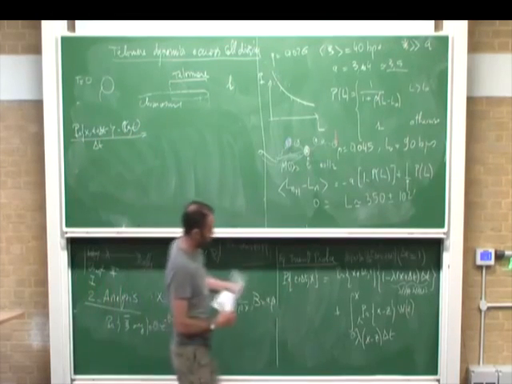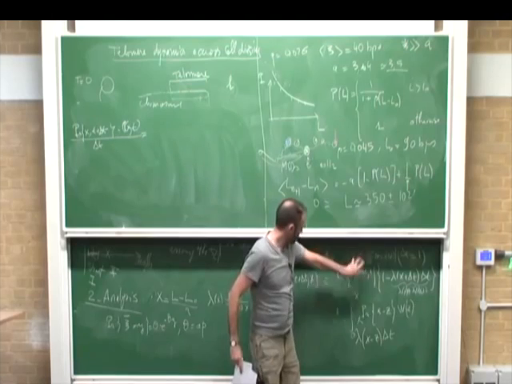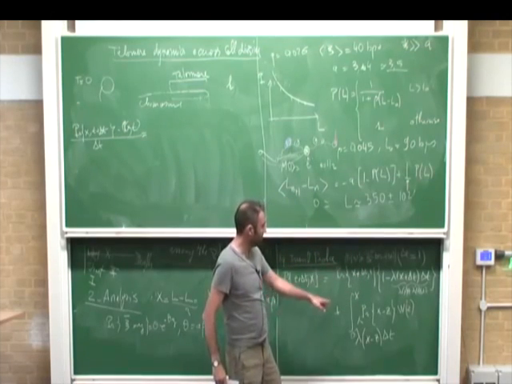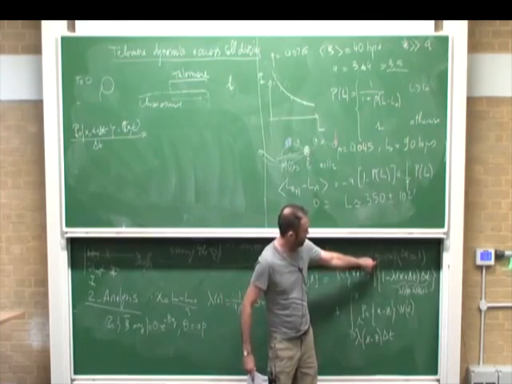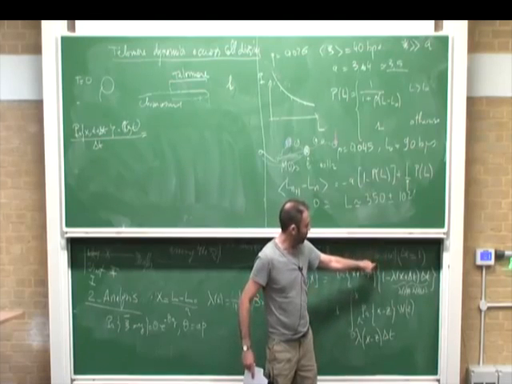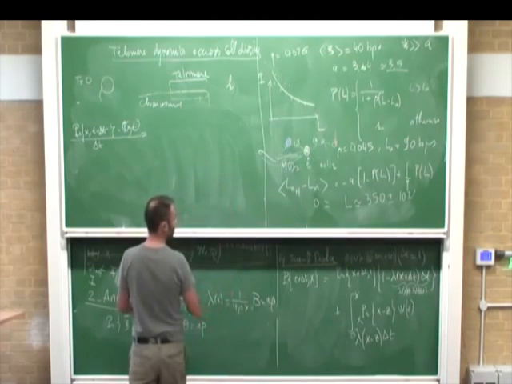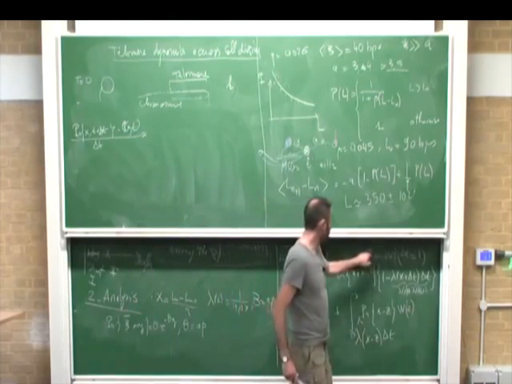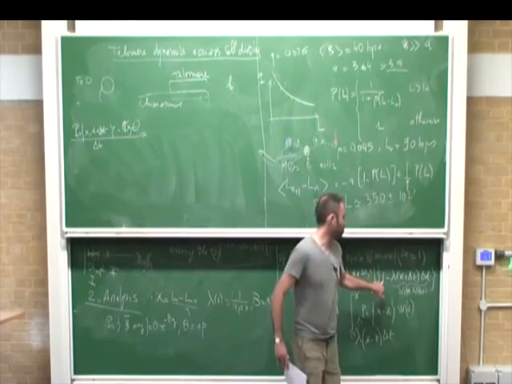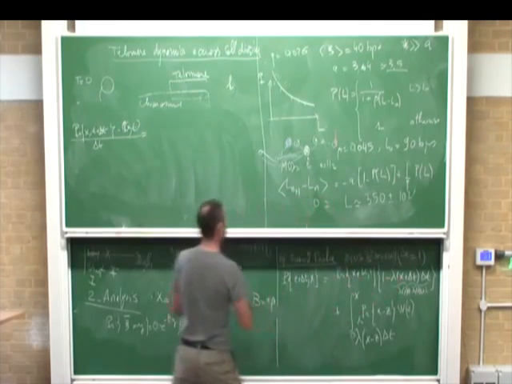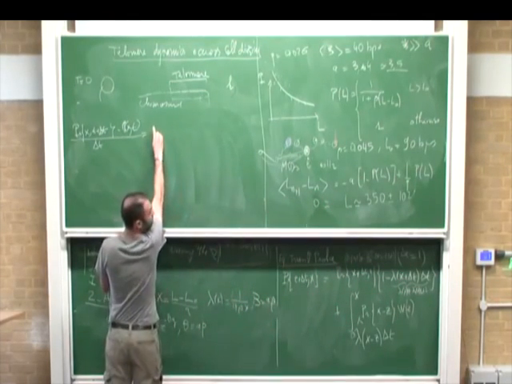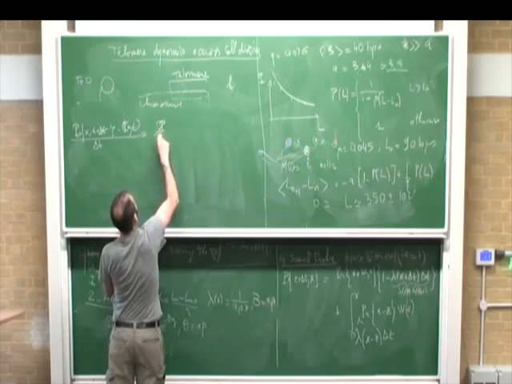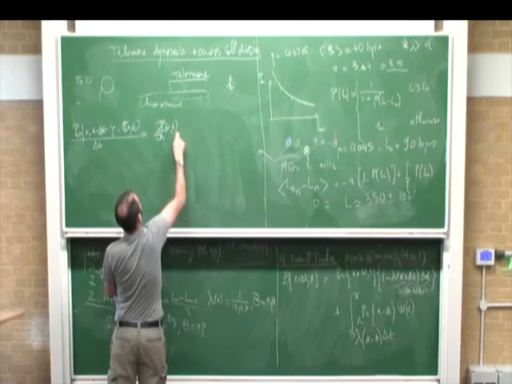I have moved this guy in here, and I divide by delta t. Then the delta t here goes away, and I'm left with delta p here, and this is multiplied by 1 minus. So this stays: dp/dx of x and t.